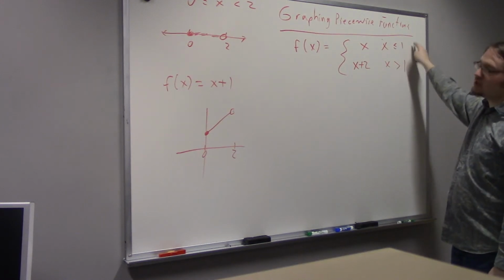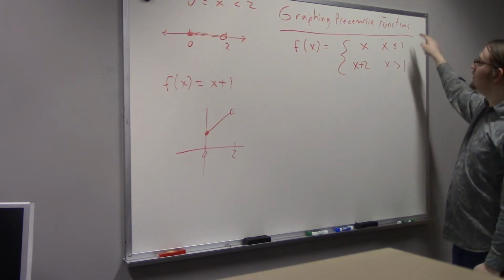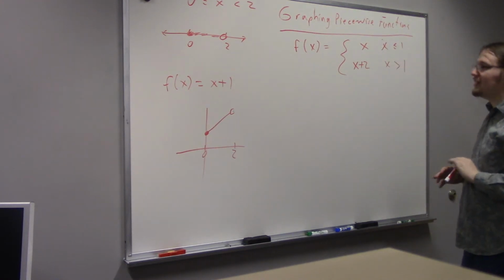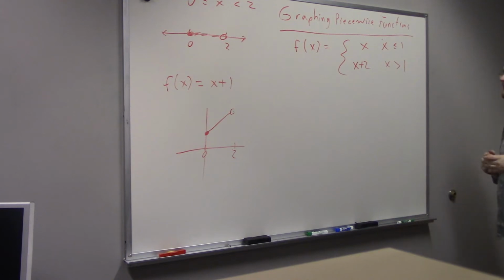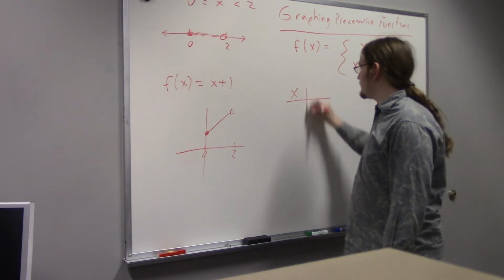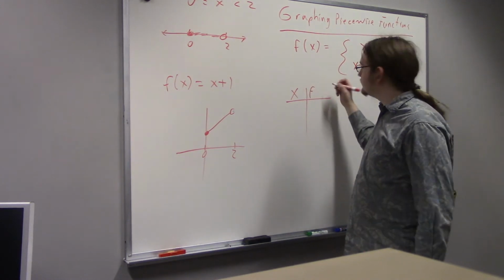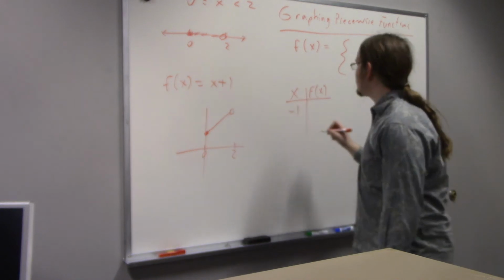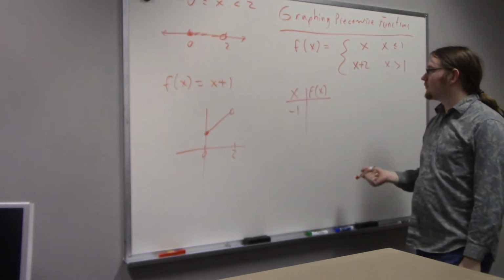And if it's in the interval we want, we take that function and we output our x. So for instance, we remember our tables from previously. Let's say we tried -1.